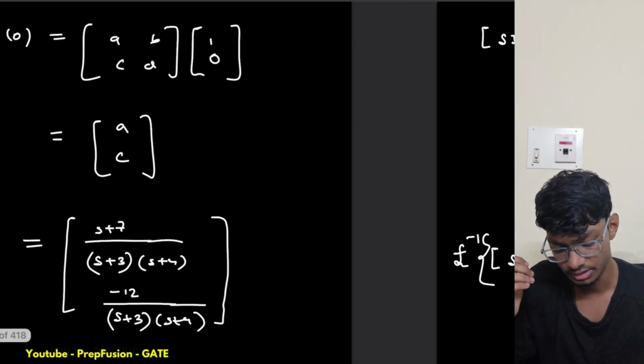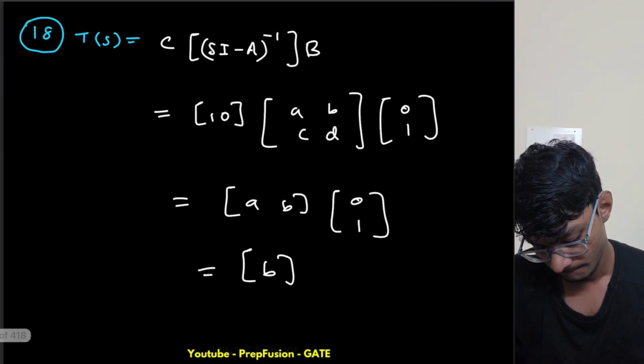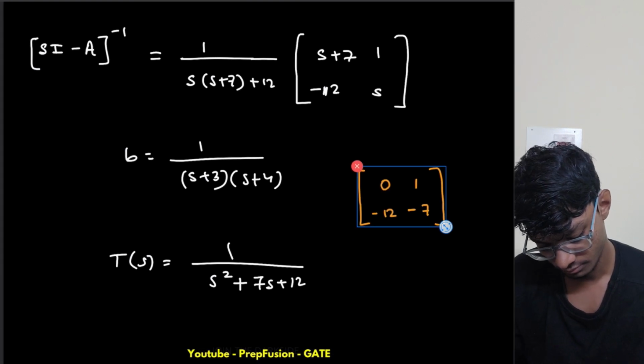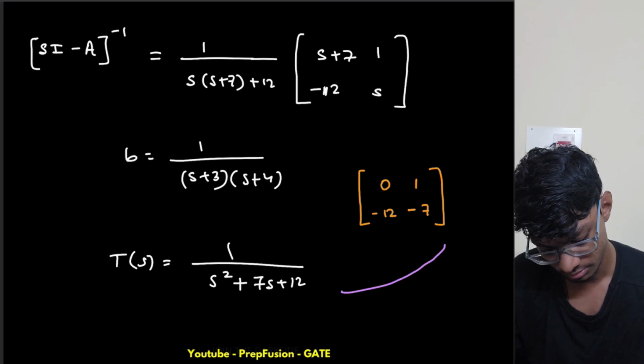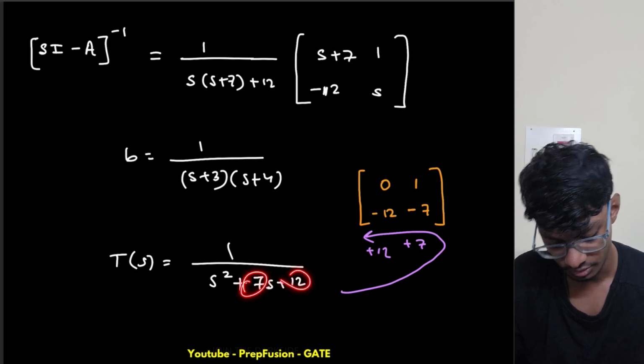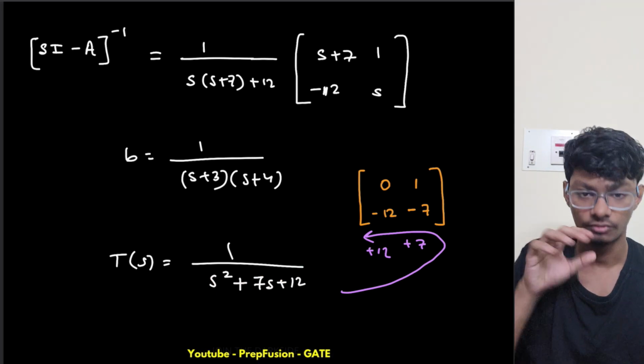So what is the main thing? Let me take it here also. You go in the opposite direction, plus 7 plus 12, okay, the coefficient of s square will be 1 only. What is the format?